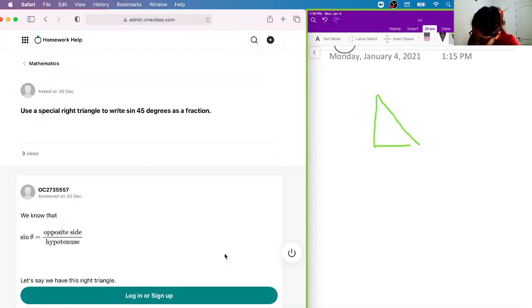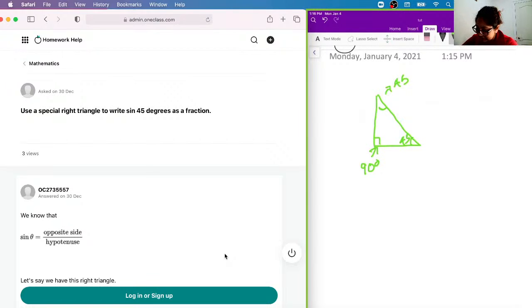Okay, so this is your right angle triangle, and in this case we're using 45 degrees. This is going to be 45, and this is going to be 45, since this is 90.